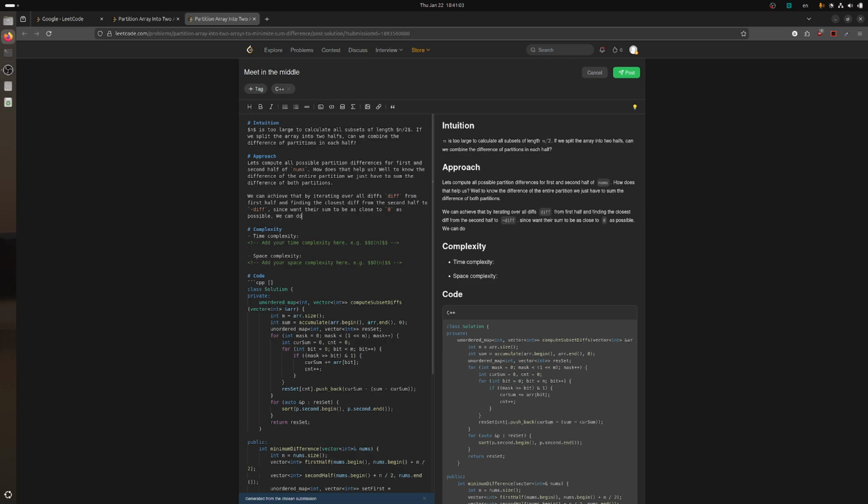We can do this with binary search on the differences.